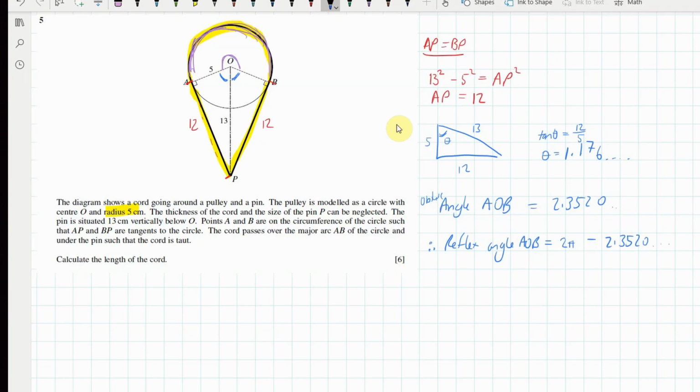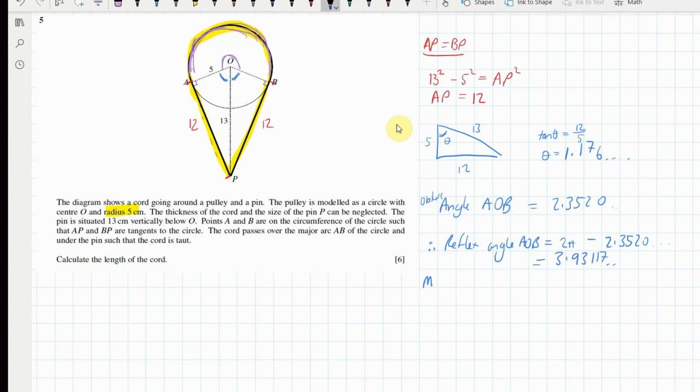I would be using my unrounded numbers, obviously, in the calculator. So what do we get for this? Just turn the jolly calculator off. 2 pi minus that gives me 3.93117, etc., etc.